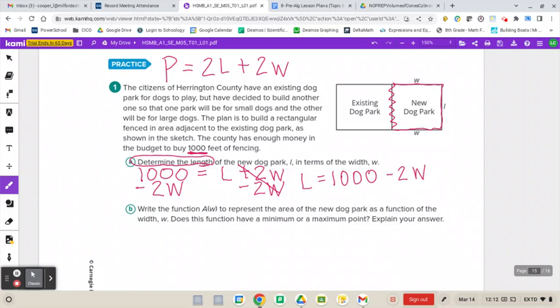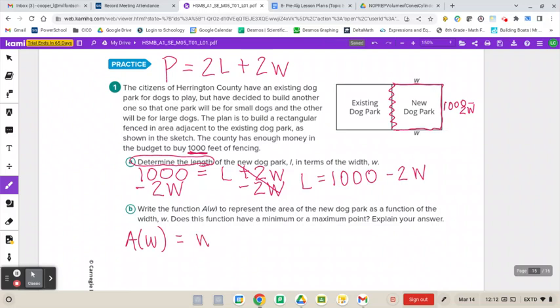So my length here, where it says L, is 1,000 minus 2W. So now it wants me to find the area. How would I find the area of this? Length times width.